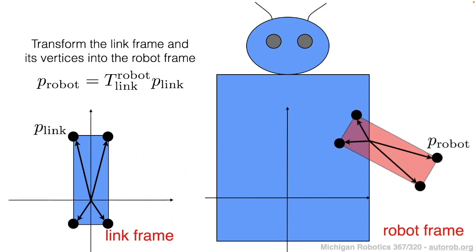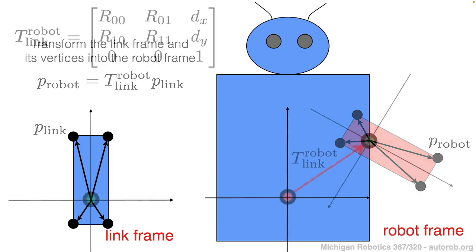So the goal of this transformation is that it should apply the following, where it can position all 4 vertices of our link geometry in the frame of reference of the robot.